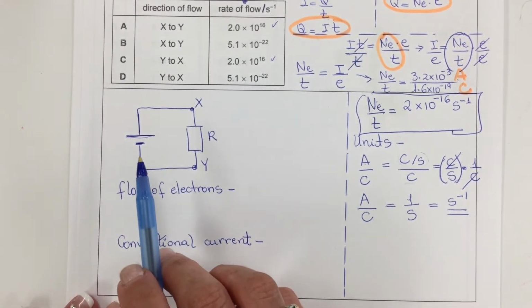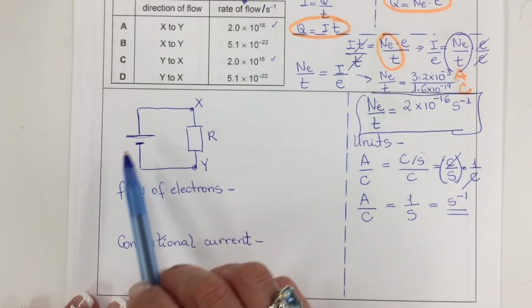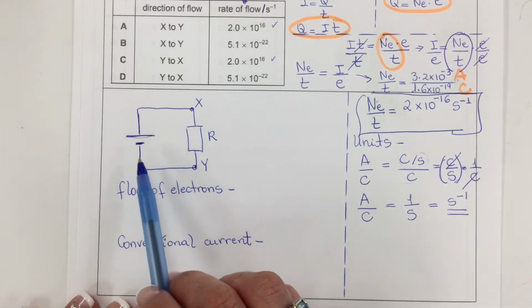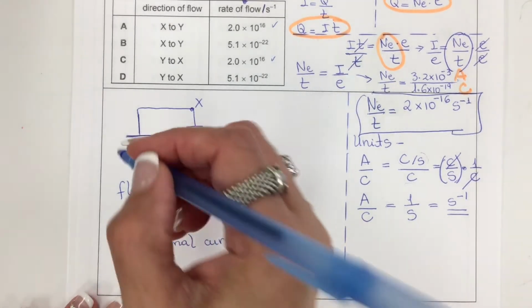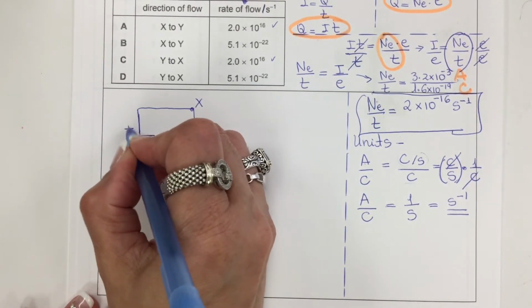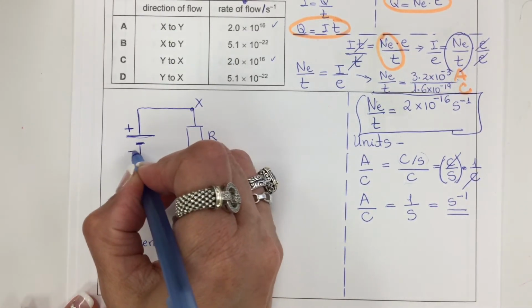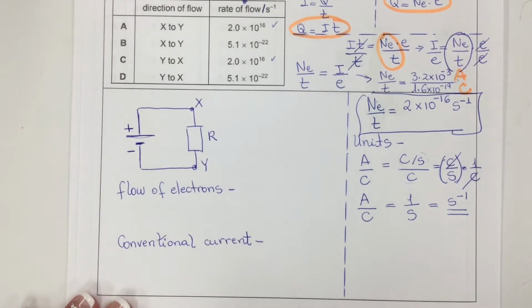A battery is represented by two parallel lines, and one line is longer than the other. The longer line is the positive terminal of a battery, and the shorter line is the negative terminal.